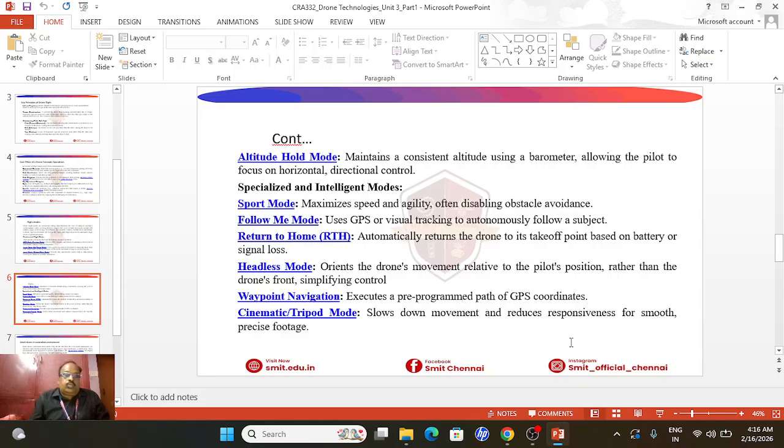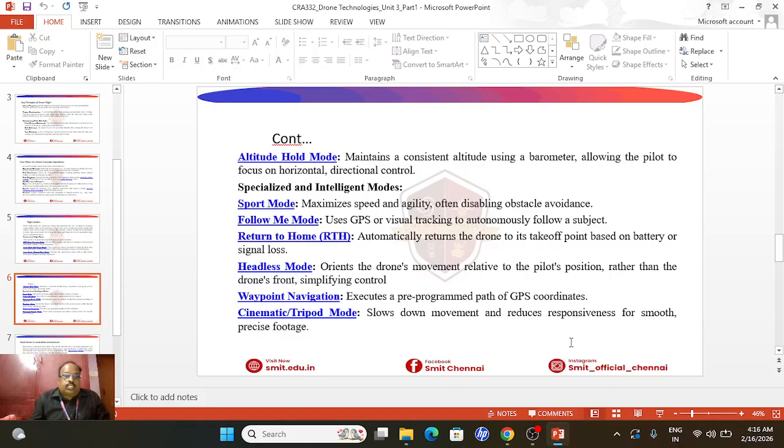Follow me mode uses GPS or visual tracking to autonomously follow a subject. Return to home, RTH, automatically returns the drone to its takeoff point based on battery or signal loss.